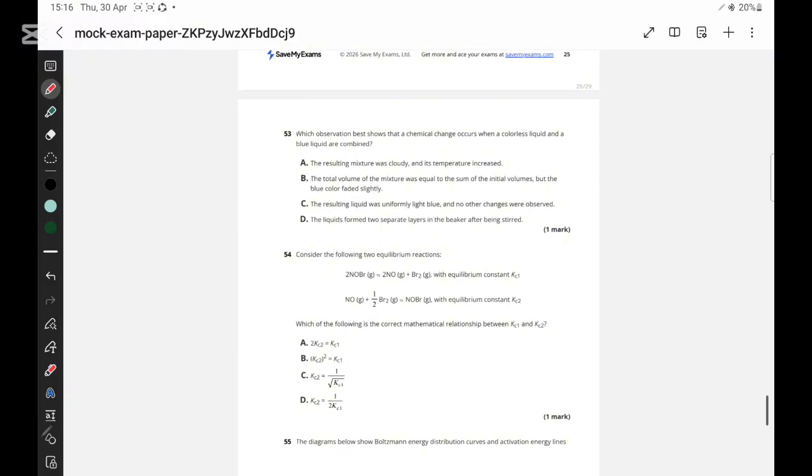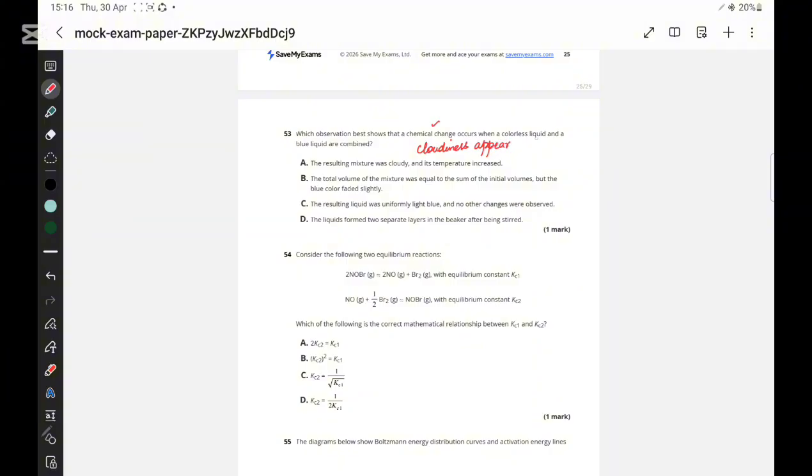Question 53. What observation best shows a chemical change occurs when a colorless liquid and a blue liquid are combined? When a colorless liquid and a blue liquid are combined, for a chemical change, the first thing is that cloudiness appears.